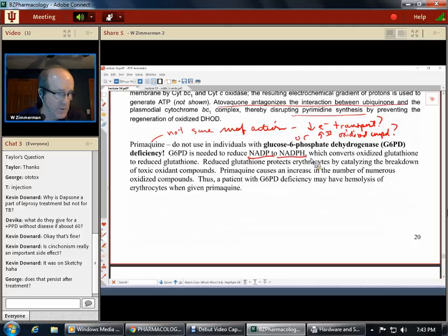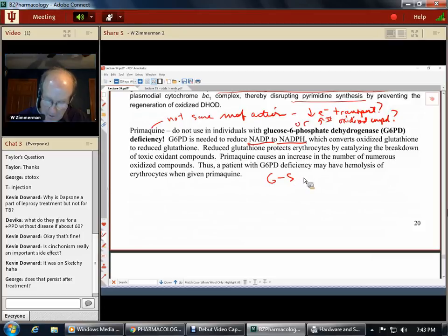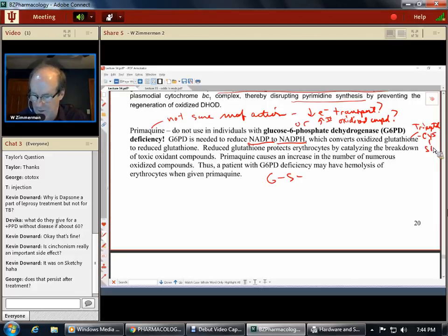to the reduced form. So oxidized glutathione just means, remember glutathione was a tripeptide. We talked about it, it's been a long time. It's a tripeptide, and it has cysteine in it that has that sulfhydryl group.